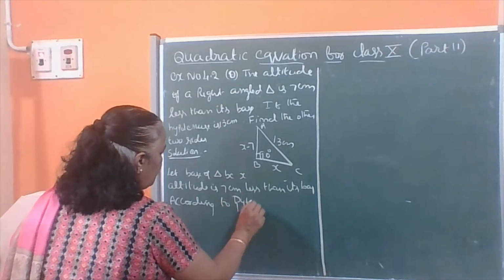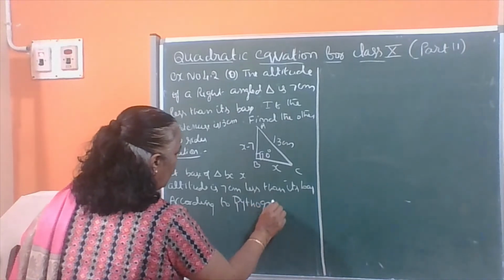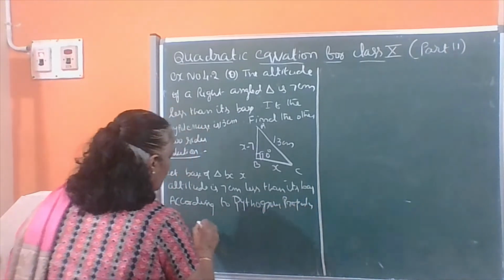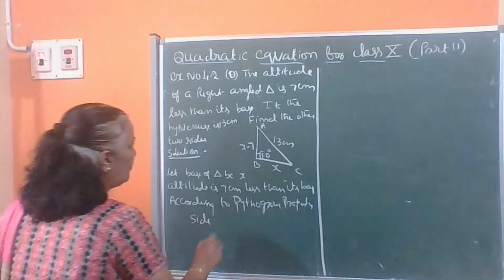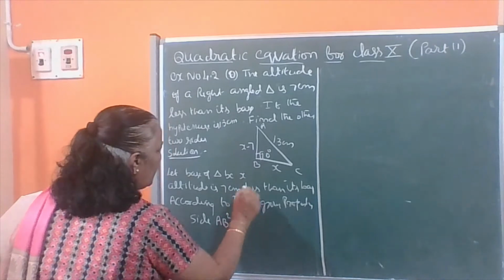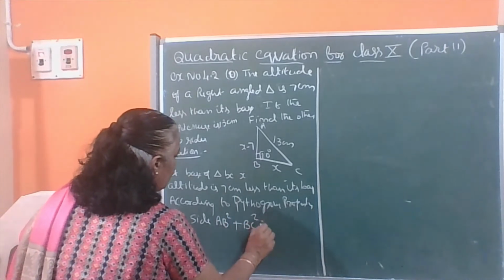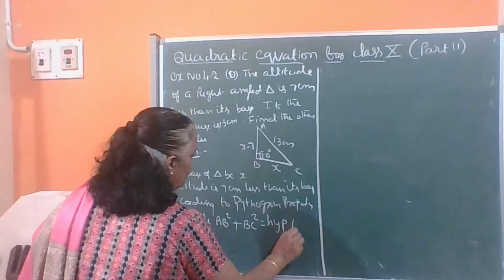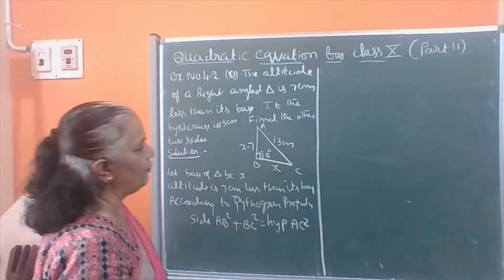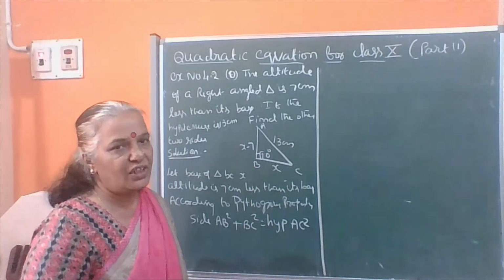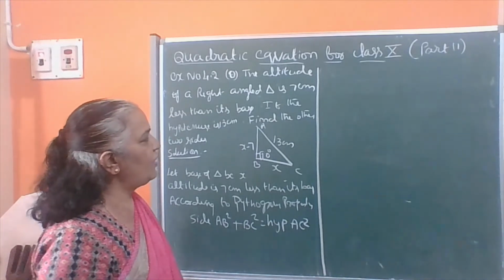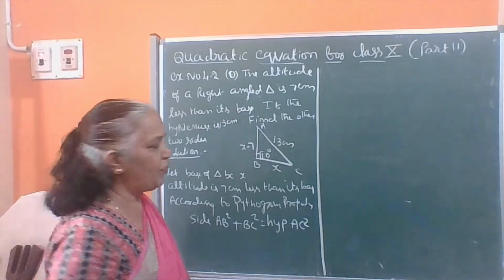Now here, according to Pythagoras property, what is that? AB square plus BC square is equal to hypotenuse AC square. When you find the square of these two sides, then that is equal to the square of the hypotenuse.